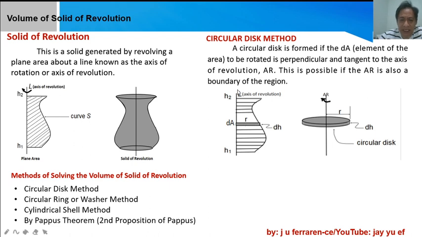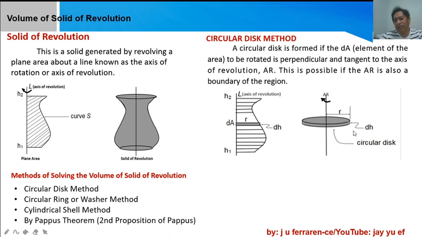So when the axis is vertical, your dA will be constructed horizontally, the length of which will serve as the radius of your disk, and the thickness of which is also the thickness of your circular disk. When that's revolved, this is now the disk that is formed.